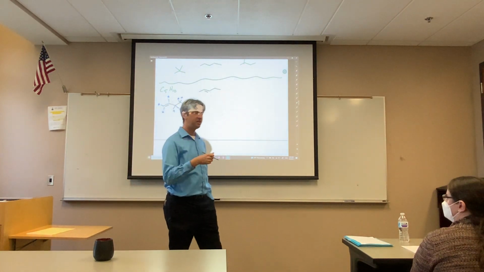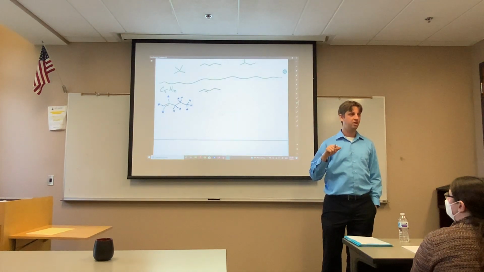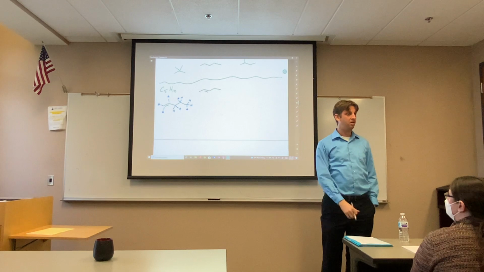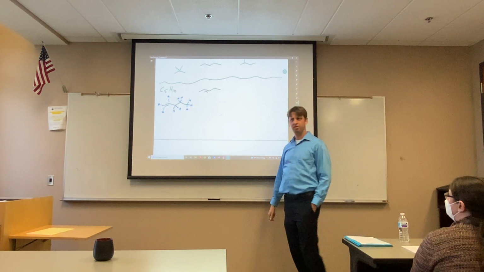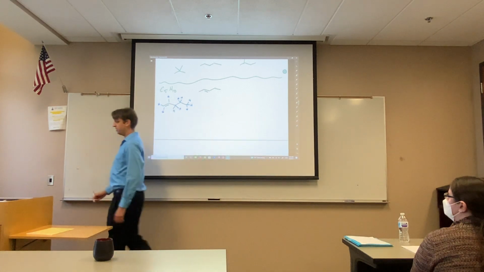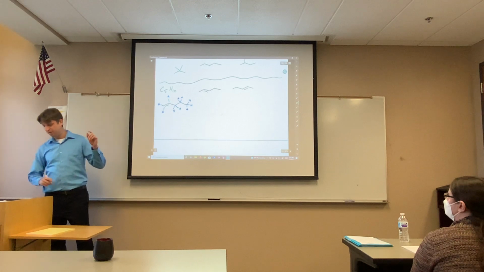And this is the point. Remember, we lose information when we draw this shorthand. We lost where the hydrogens are. They're not gone. They are there. Now think about this for a second. Is this a different molecule?